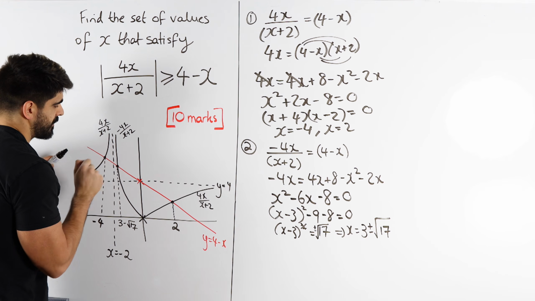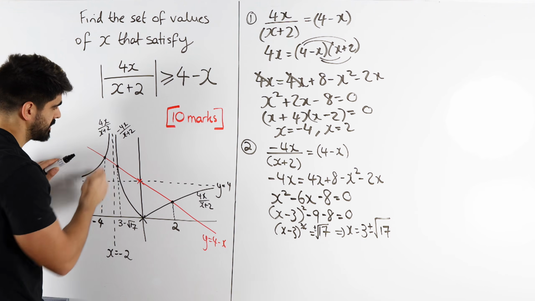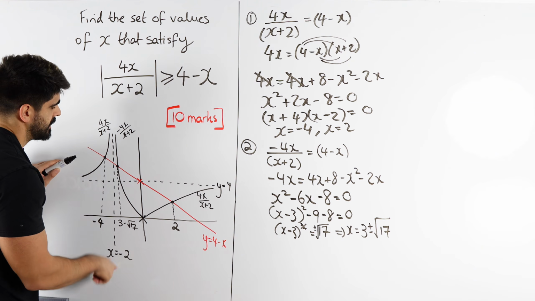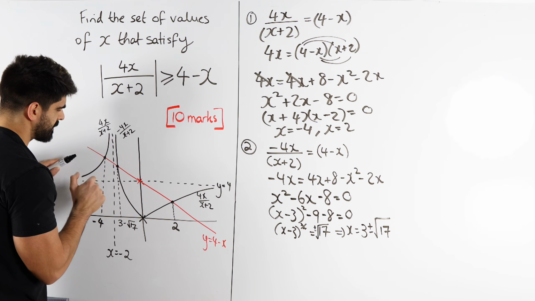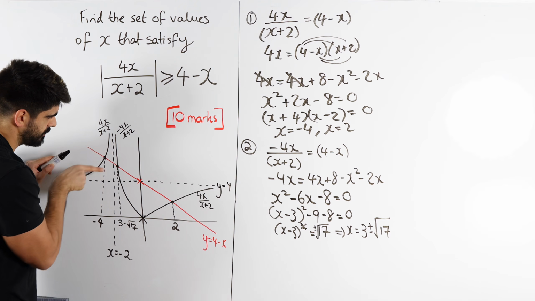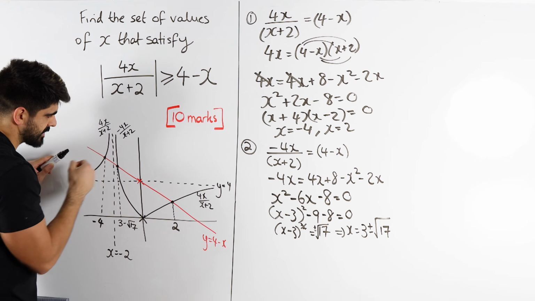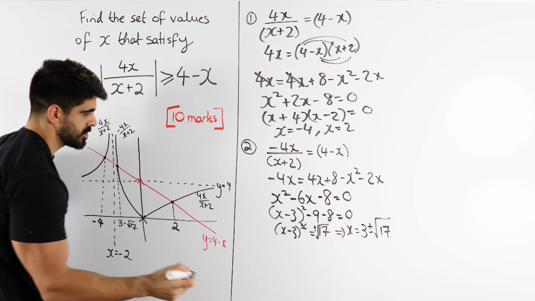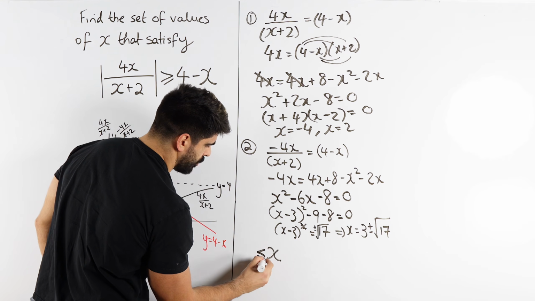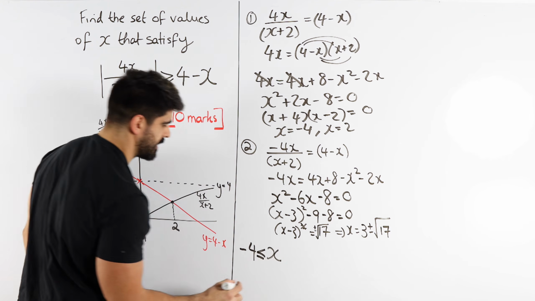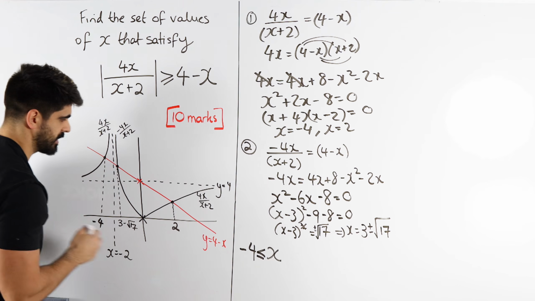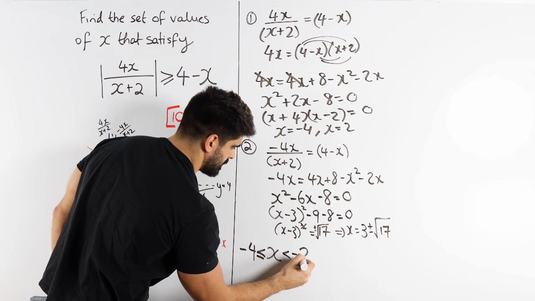Now, we have to be very careful because what do you notice? There is a break in between. So what I'm going to do is say that my first solution is bigger than minus 4, so I want this side, but less than minus 2. So my first solution is x is bigger than or equal to minus 4, because it can equal, but strictly less than minus 2.